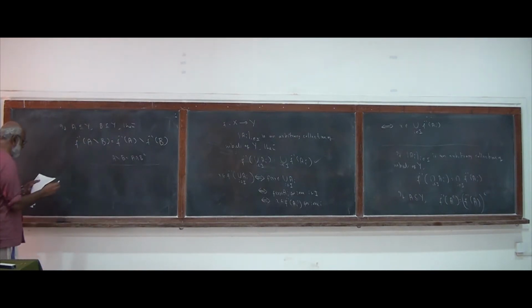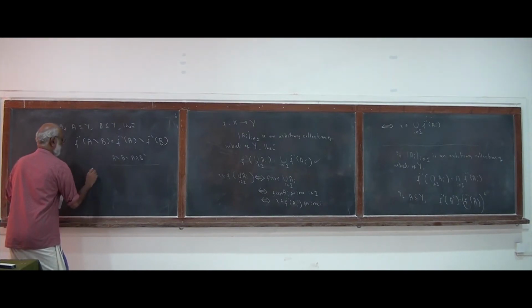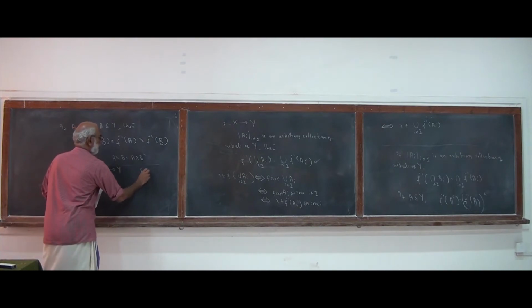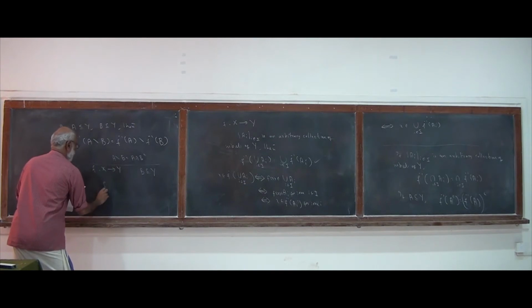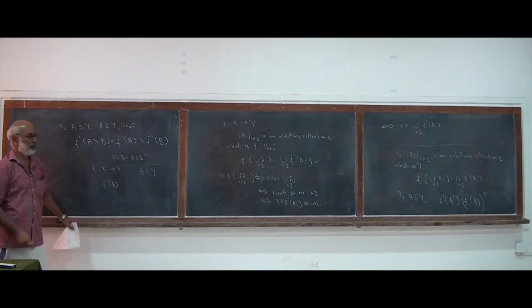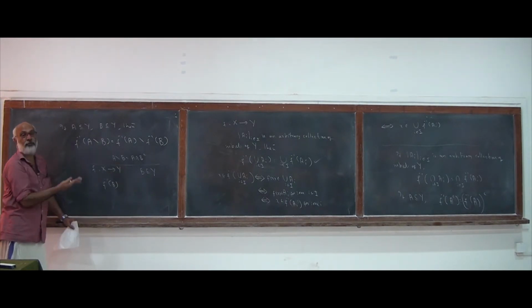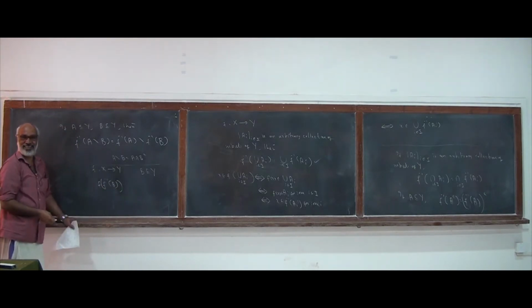Another interesting thing is this. Suppose f is a function from X to Y, and suppose B is a subset of Y, then you can take f inverse of B. f inverse of B will be a subset of X. Then we can take the image of that under f.